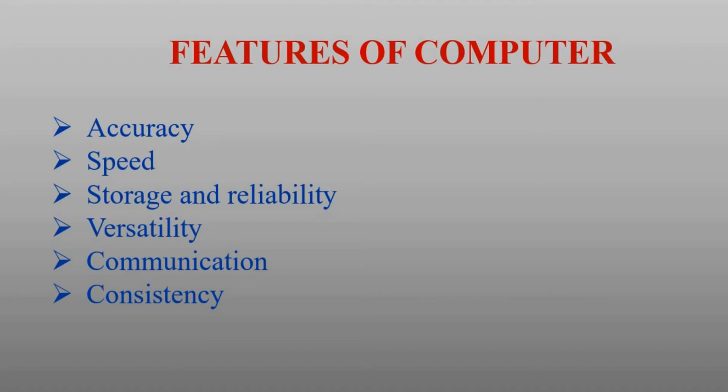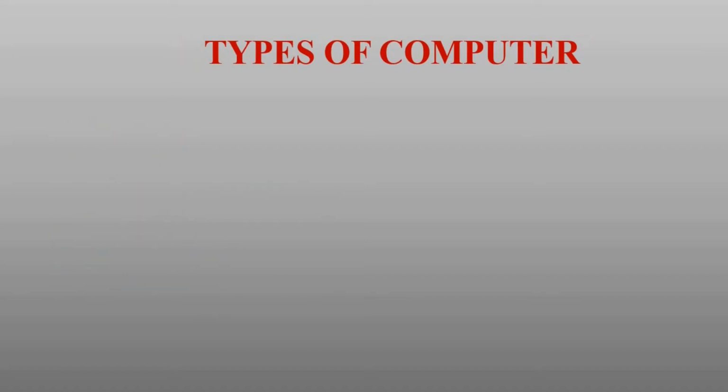Let's move on to types of computer, right? Depending on the size and efficiency of your computer, a computer can be classified as supercomputers and tiny computers, right? A computer which is larger in size as well as having higher computing capabilities can be classified as a supercomputer, right?